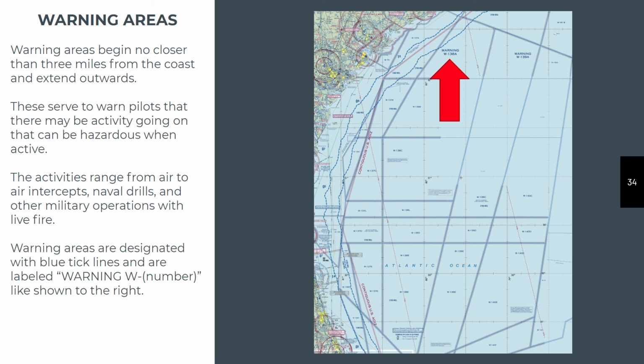Anything involving live fire. Some of you may remember the aircraft that went down outside of New York. It went down in one of these warning areas, and there was strong suspicion that it was due to a live fire incident. I don't think anyone's actually proven yes or no on that, although they went to great expense and time to say it was not a live fire incident.